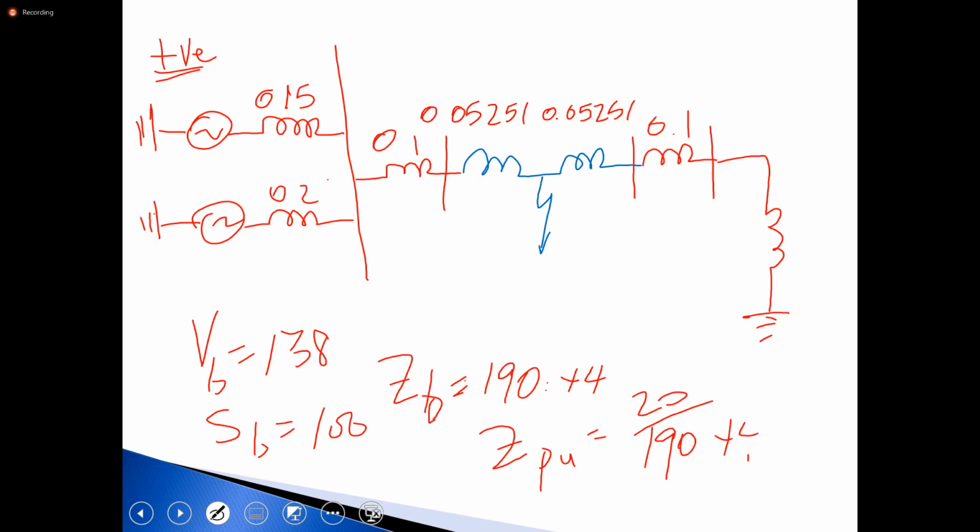The objective would be to simplify this network by looking into the fault point, so that you get the Thevenin equivalent at that point.